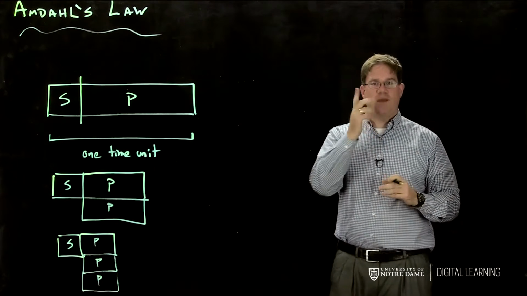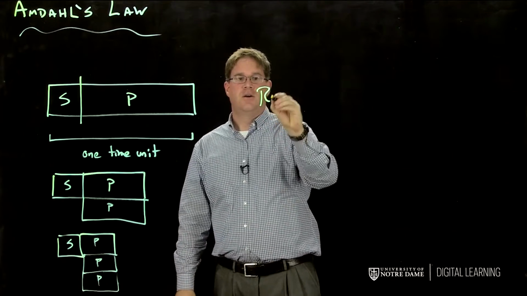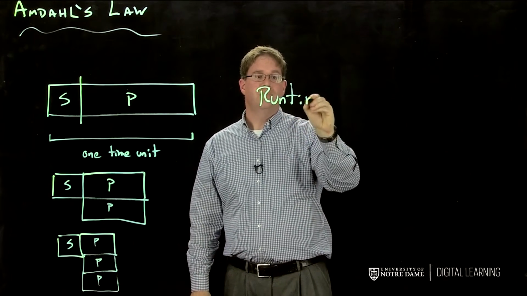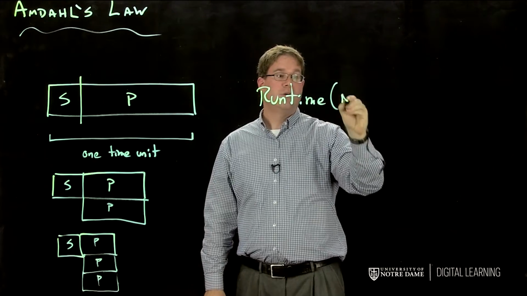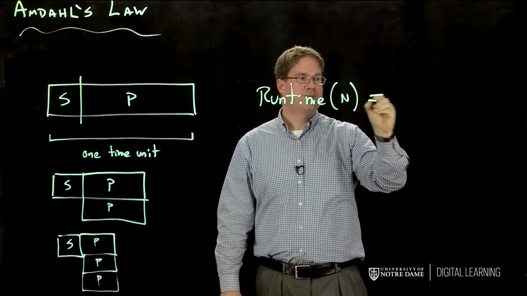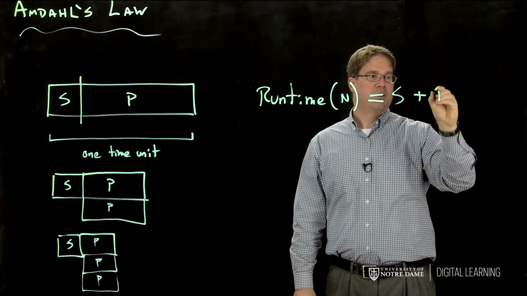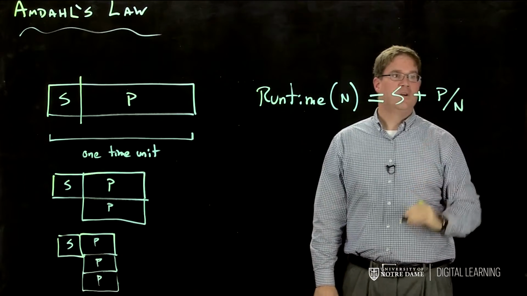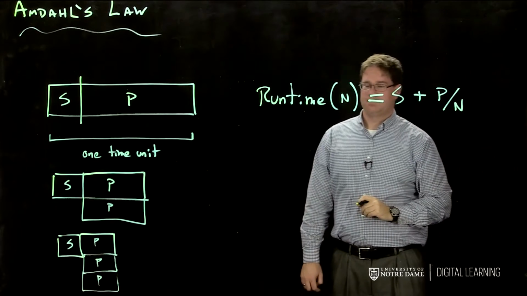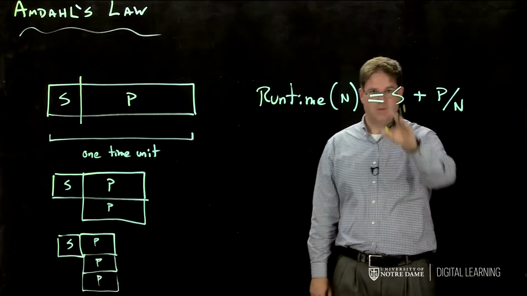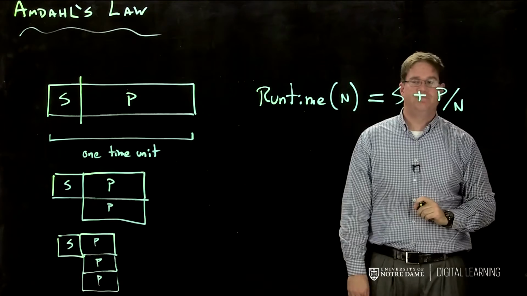So the runtime for a given application on n cores is going to be the sequential part plus the parallel part divided by n cores. And that makes sense because we have to do this part and then we can divide that part up.